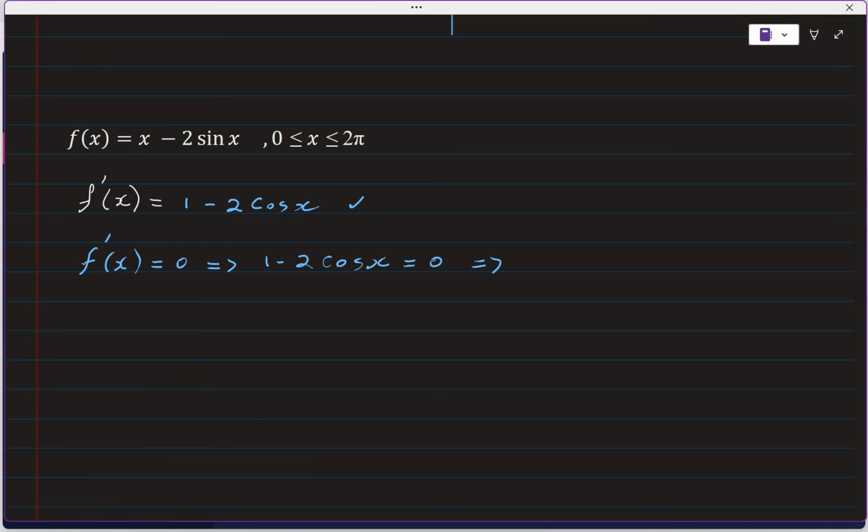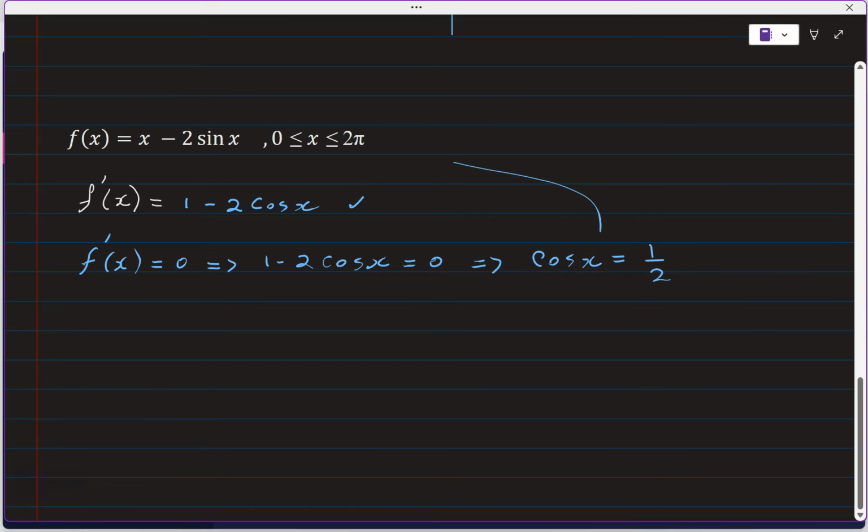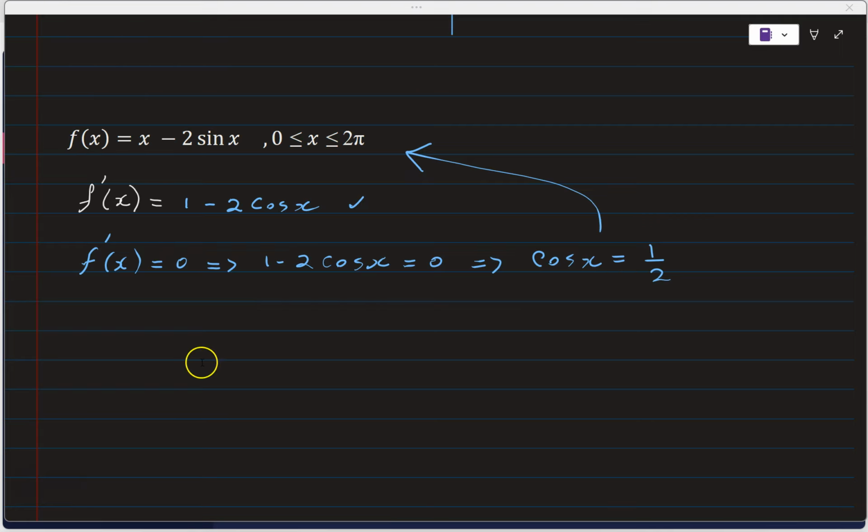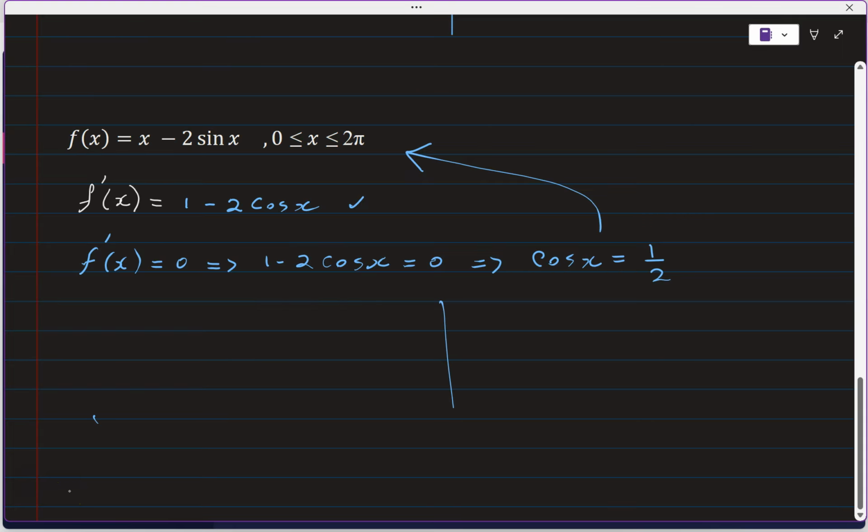And then you need to find what values of cos x. You do the math in here and you get 1/2. You need to solve this cosine equation for 1/2 and get all the angles within this interval, 0 to 2 pi. Okay, so let's do CAST analysis here right away.